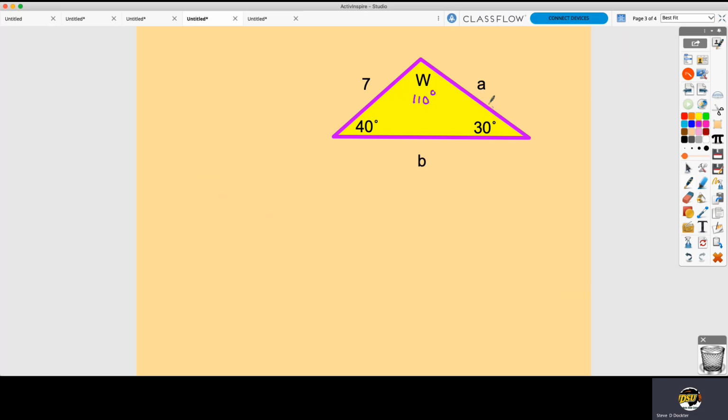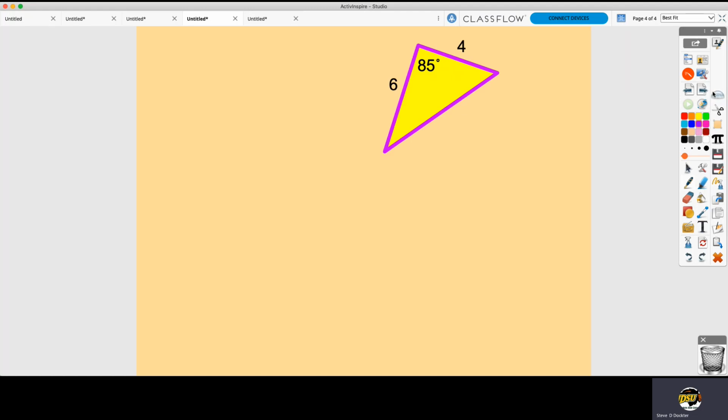Okay, and then to find our A and our B value, we're just going to use our 7 and our 30 with sine law to find our A value, and then do the same thing to find our B value. So you don't have to use sine law to find every single one of these. If you've got a shortcut to be able to find these, do it. Okay, all right, so just wanted to show you that really quick.